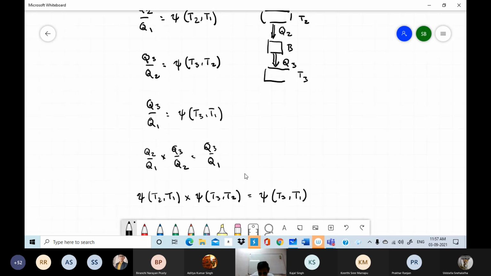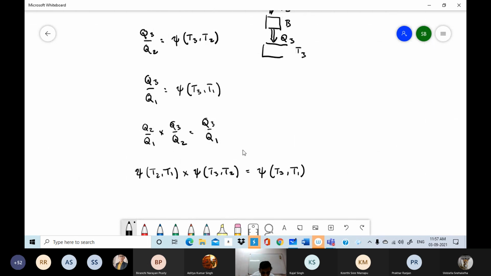So it satisfies this. Now, if you observe, on the right hand side there is no dependence on T2, whereas on the left hand side you have a dependence on T2 in both of these. So somehow this dependence must cancel out when we multiply these two.